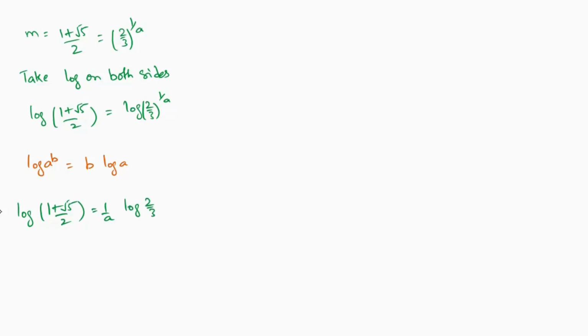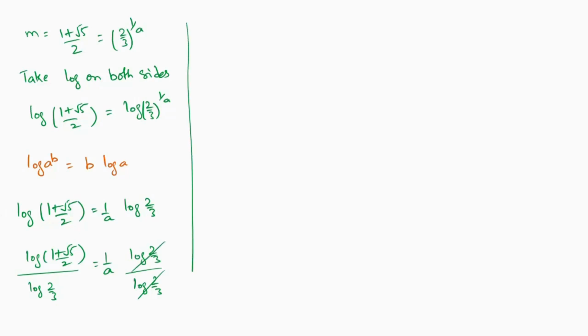Now divide this whole equation by log 2 by 3. We get log of (1 plus root 5) divided by 2, over log 2 by 3, equals 1 by a times log 2 by 3 divided by log 2 by 3. This will get cancelled out and we get 1 by a equals log of (1 plus root 5) divided by 2, over log 2 by 3.